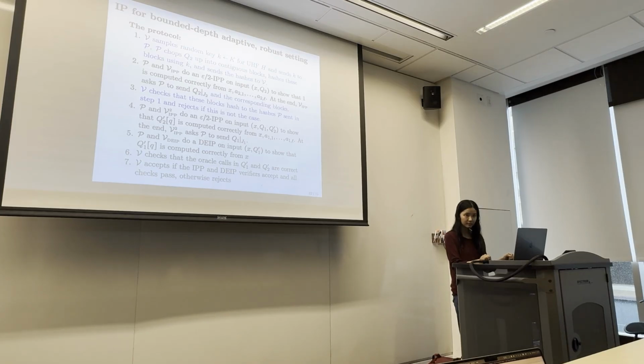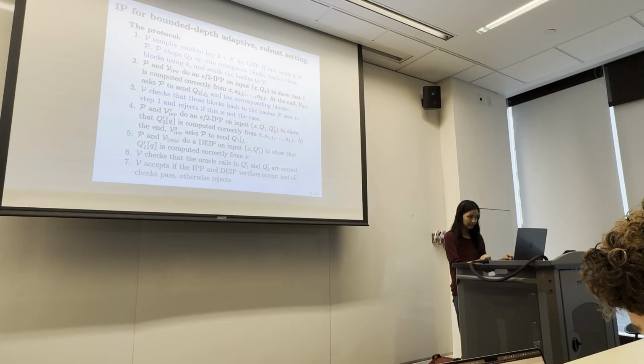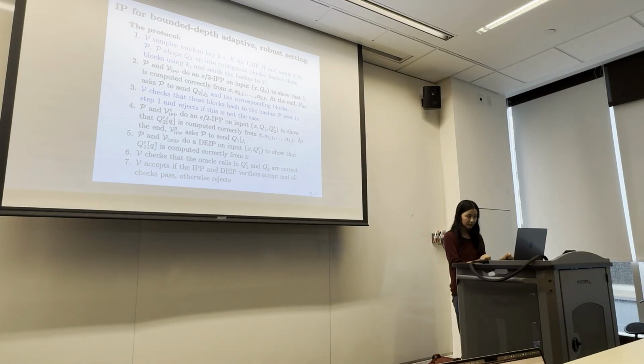So I am kind of confused why. So we're sending this hash to bind ourselves to the Q2 prime that we're going to send, right? Yeah. Why not just send Q2 prime to bind ourselves to the Q2 prime that we're going to send?